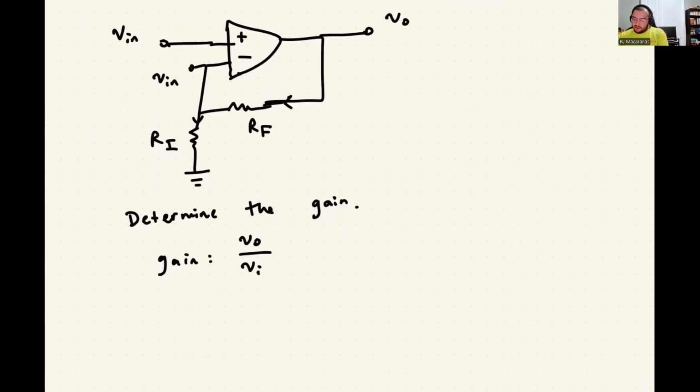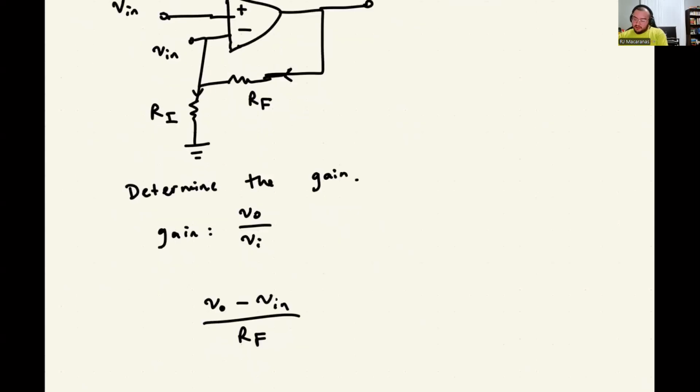So I've got VO here, so then VO minus VN over RF, right? So that's this current here through RF. And then I know that the current through RI is going to be VN over RI.